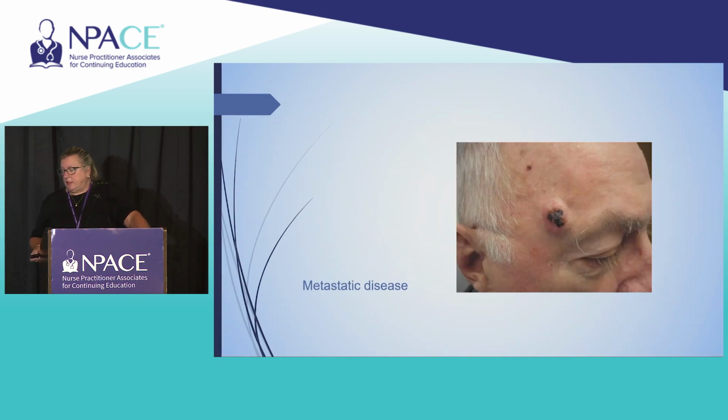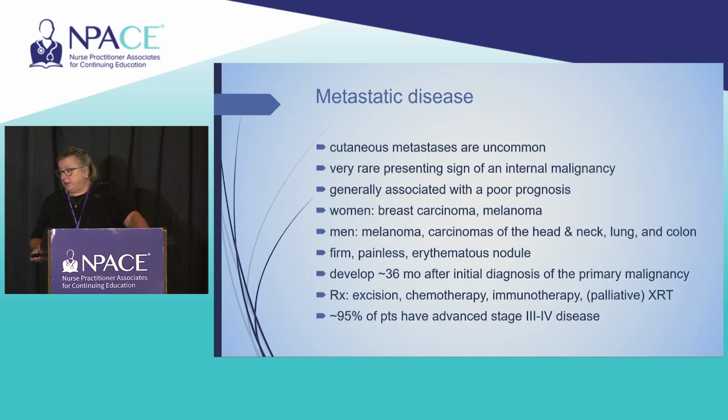That's an example of a tumor in a gentleman who has had colon cancer. He passed from his disease. So these cutaneous metastases of internal malignancies are uncommon, but we see them more often in patients with very advanced malignancies.